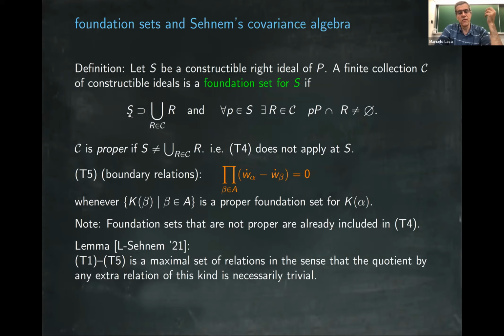So the cone of every element based on S intersects some R. So somehow the R's cover the horizon. They may not cover the ground, but they cover the horizon. If S is not the union itself, in other words, if T4 does not apply at S, because if S is equal to a union, then you have T4 that tells you what the projections are.